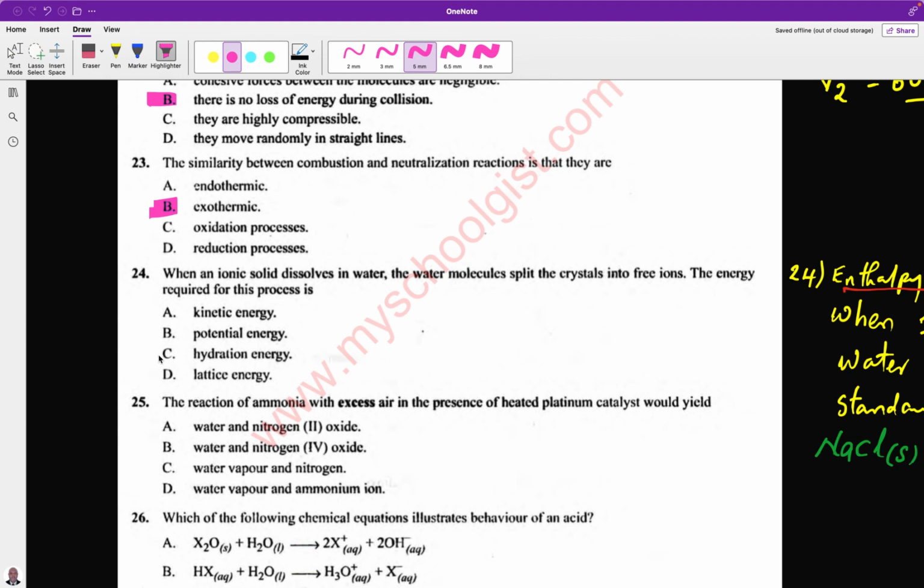The most appropriate answer is enthalpy of solution for this definition, but C is the only appropriate one.